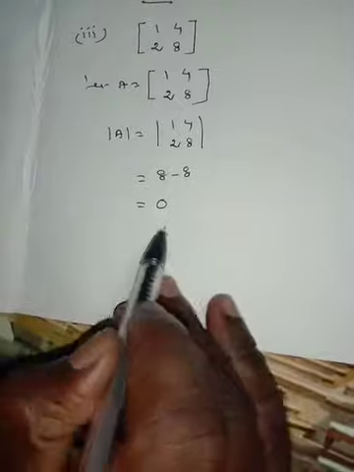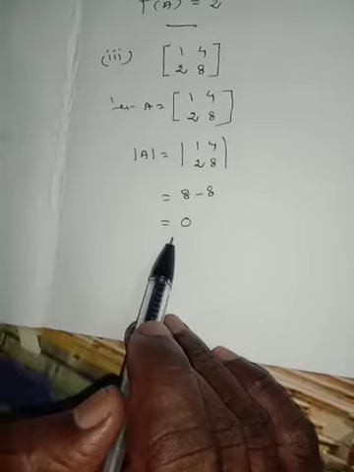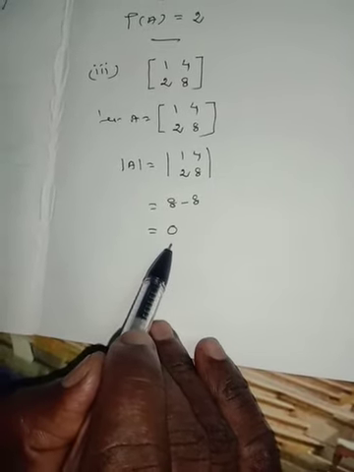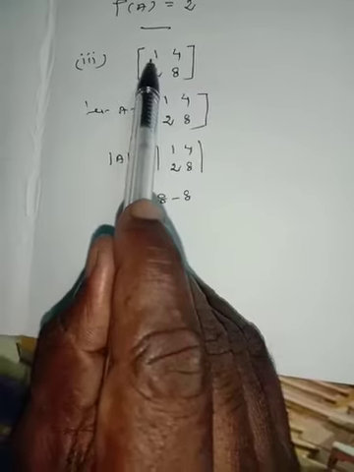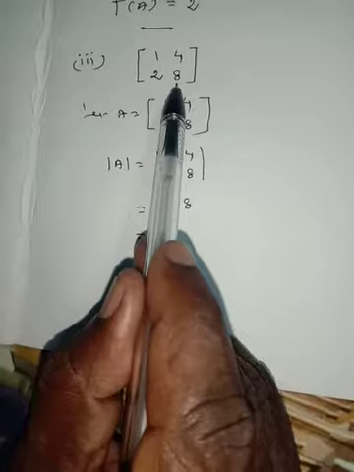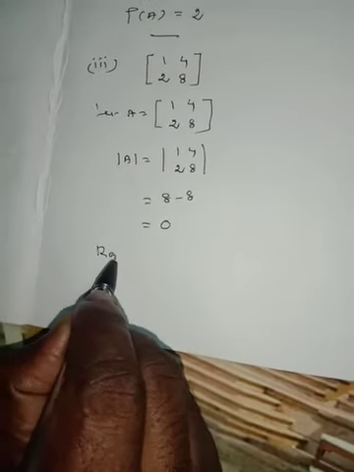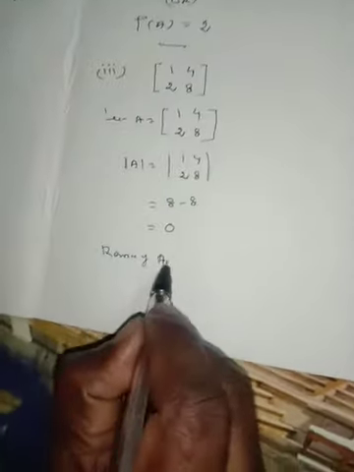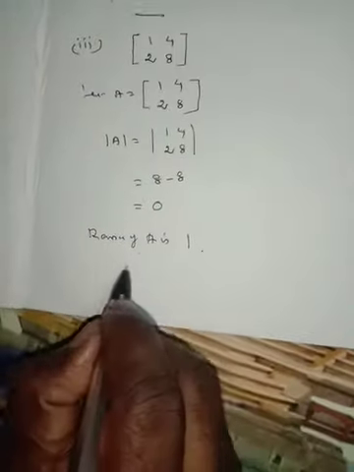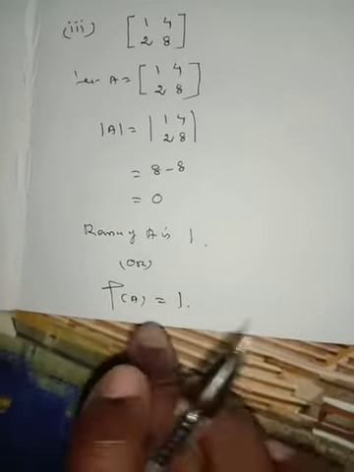Suppose the determinant of A is not equal to 0, then rank will be 2, since this is a 2 cross 2 matrix. In this case, it is equal to 0. Then there exists at least a single A11, A12, A21, A22 not equal to 0. In this case, all are not equal to 0. Therefore, rank will be 1. Rank of A is equal to 1. This is simple.